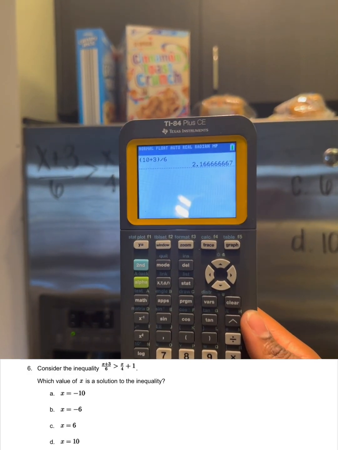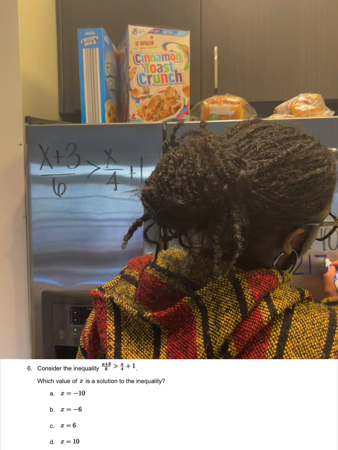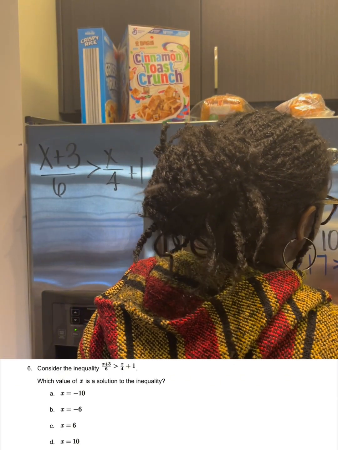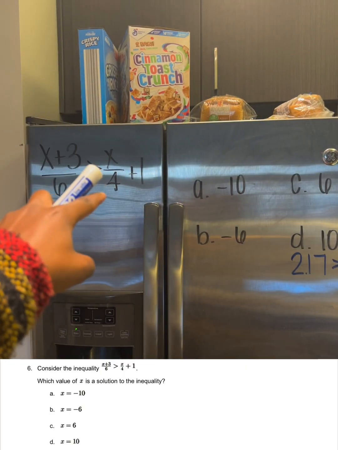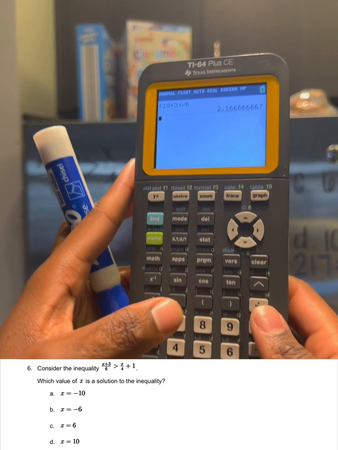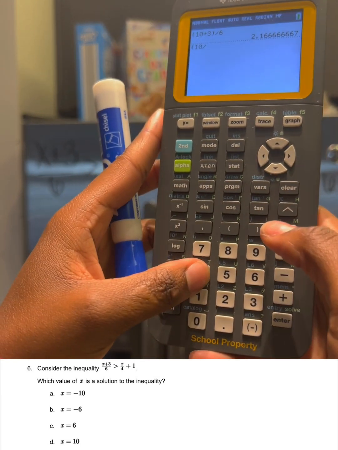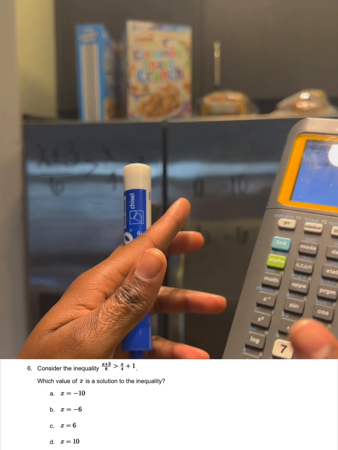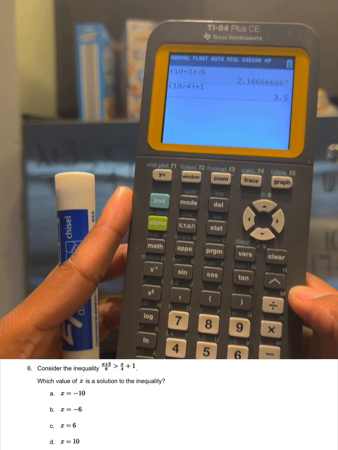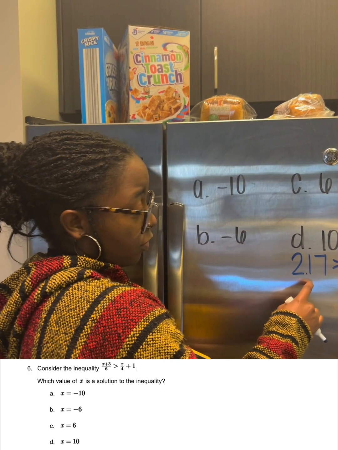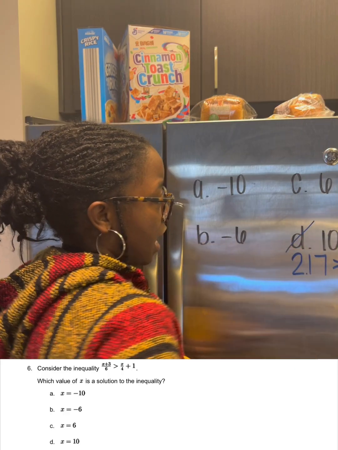That side right there. So 2.16 or 2.17 on the left side is greater than, then I'm gonna go back in my calculator, x divided by 4 plus 1. So put it in the calculator, 10 divided by 4, because dx is x. I got 3.5. Is 2.17 greater than 3.5? No, so D is not an option.